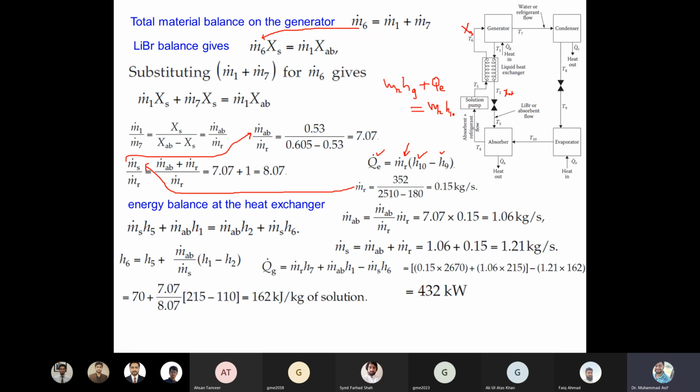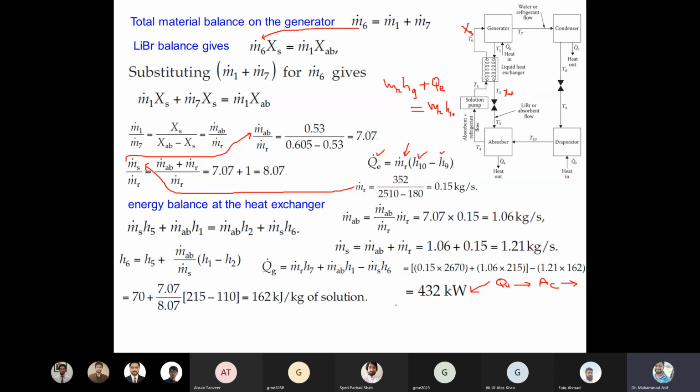This heat input is provided by the solar collector. So now we know how much QU is required, and based on QU we can get the area requirement for the collector, and accordingly we can purchase, install, or design the solar collector.